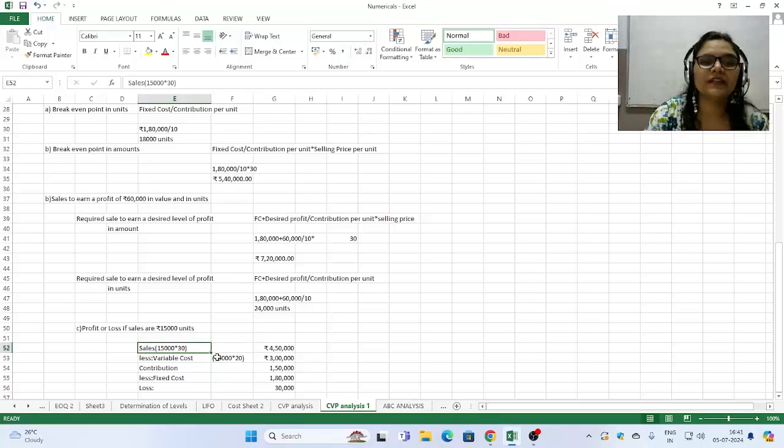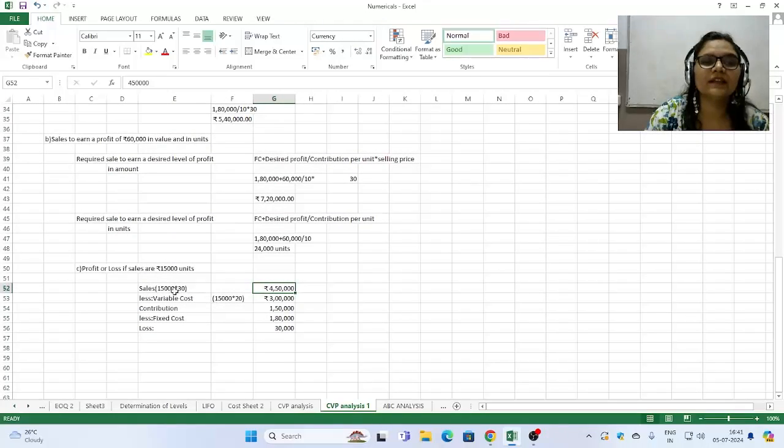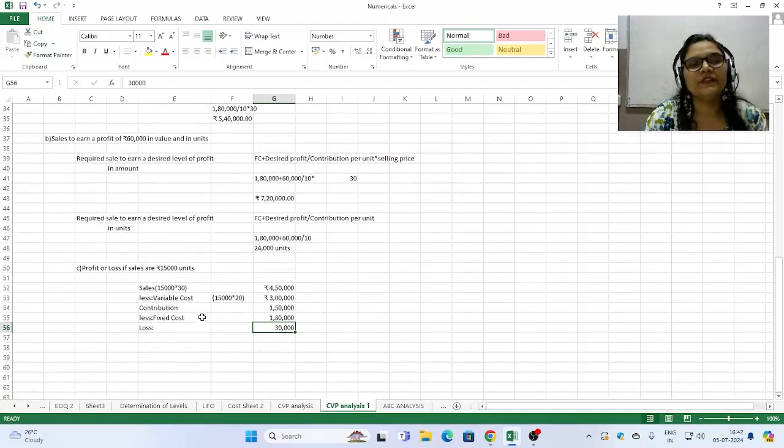Sales is 15,000 units and selling price per unit is rupees 30, so sales for 15,000 units is rupees 4,50,000. We will deduct variable cost, worked out on the basis of 15,000 units, which is 3 lakh. Contribution is 1,50,000, less fixed cost of 1,80,000, gives a loss of 30,000. So the company will earn a loss if sales are 15,000 units.